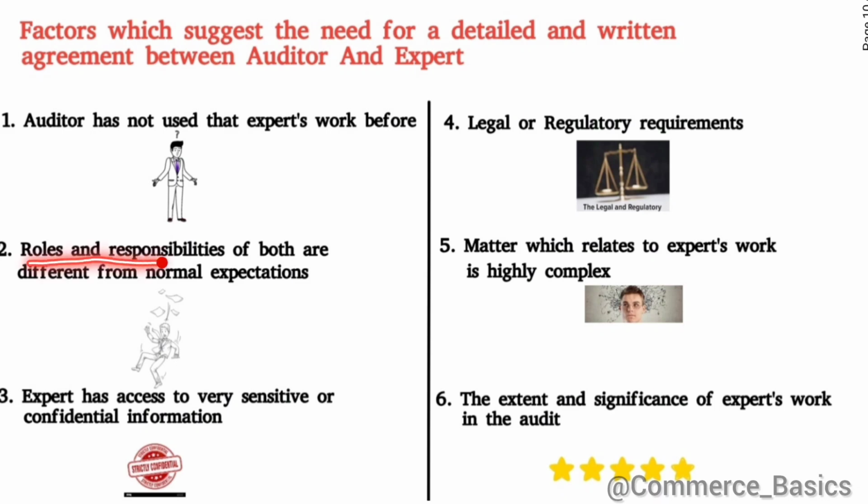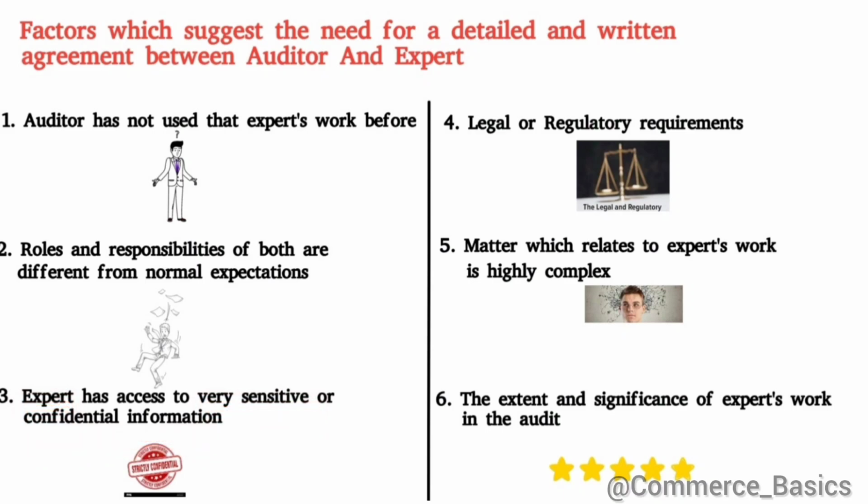And the roles and responsibilities they actually decided are different from the normal expectations. They expected some kind of roles and responsibilities, but in reality they had different ones. And the expert has access to very sensitive or confidential information. In these cases, there should be a written agreement for security purposes.